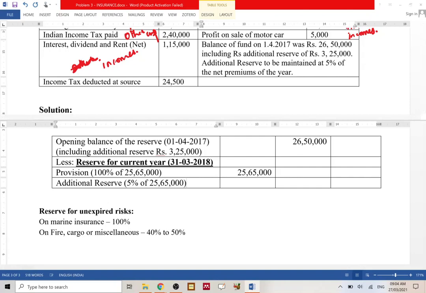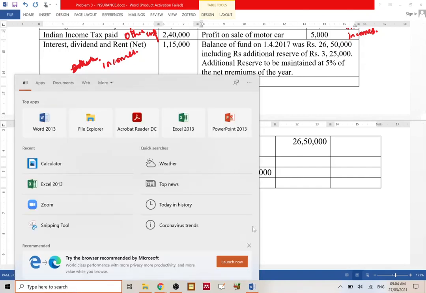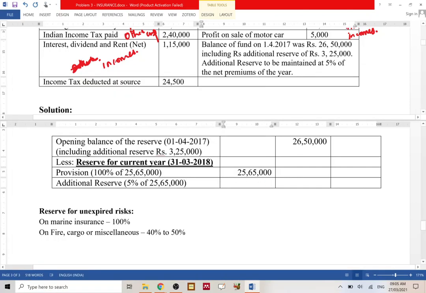So if we calculate 5% of 25,65,000, we get 1,28,250. Is that clear? So now the final reserve for this year after adding the actual and the additional is going to be 26,93,250. So total provision.